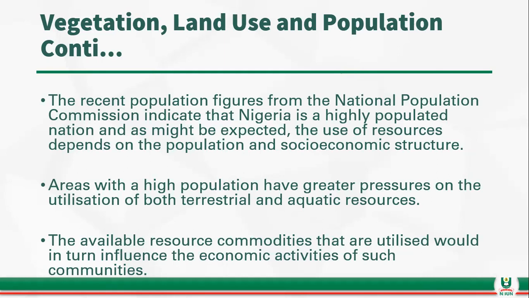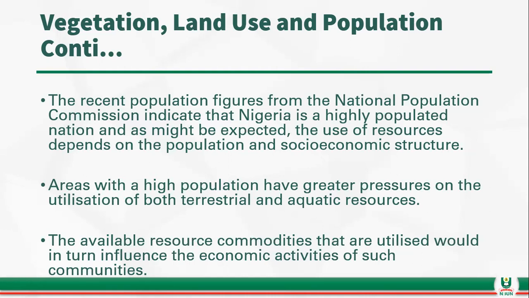So areas with high population have greater pressure on the utilization of both the terrestrial and the aquatic resources. If you go to a place like Lagos, Lagos has very high population, and of course, the land mass around that area is not so big. So there is so much pressure on land around the Lagos area. Under that condition, you hardly find a place where you can do agricultural work because human population is already a factor affecting the areas there.